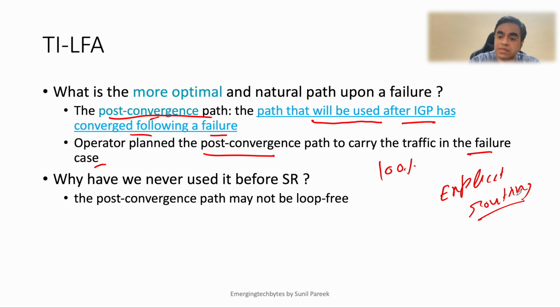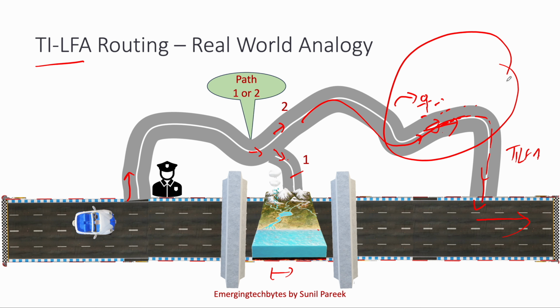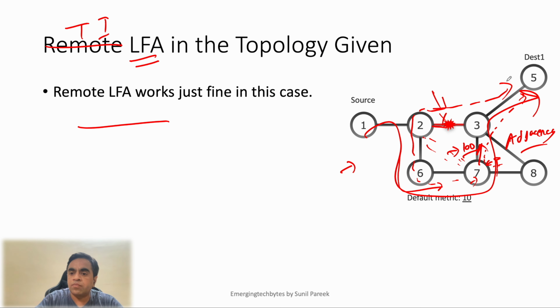In the previous example, where the higher metric was used, we can see by looking at the topology that if 7 sends the traffic to 3, even though there is this high metric, it will reach 5.